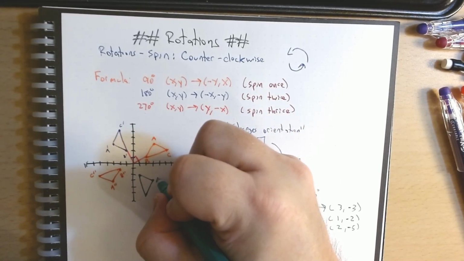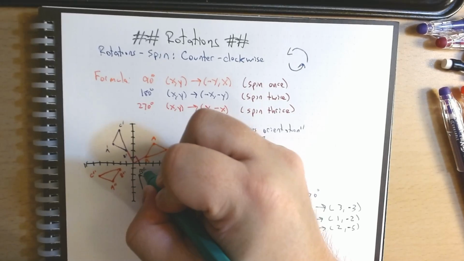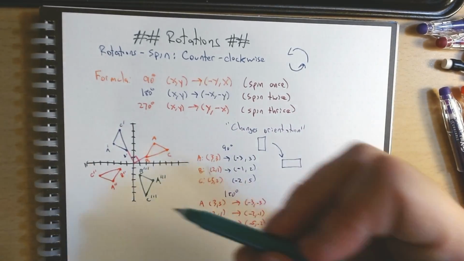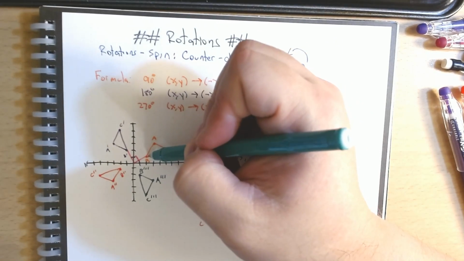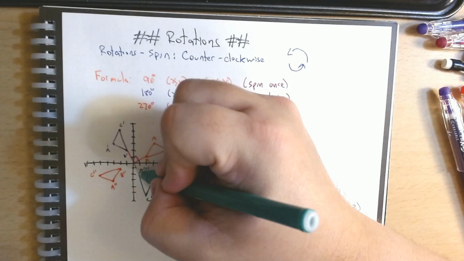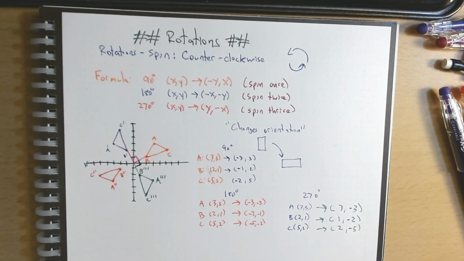This is A triple prime, B triple prime, and C triple prime. And then to tell if you did it right, you do the same thing you did last time. If you did that, you should get 90 degrees there. So, that's how you rotate.